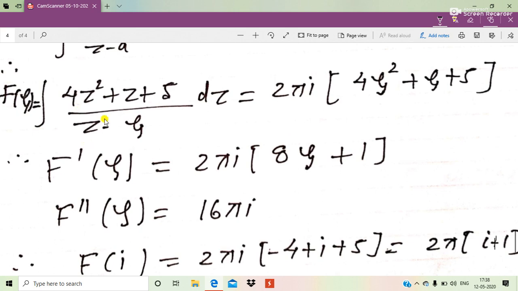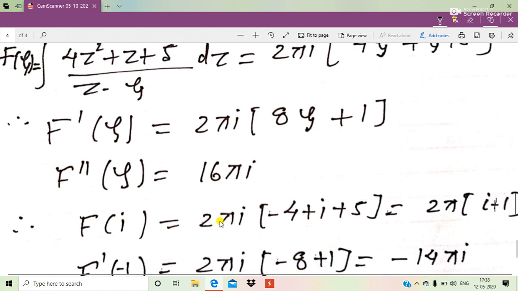Now if we differentiate both sides with respect to zeta, the value of f dash zeta will be 2 pi i into (8 zeta plus 1). And if we again differentiate it, f double dash zeta is equal to 16 pi i.